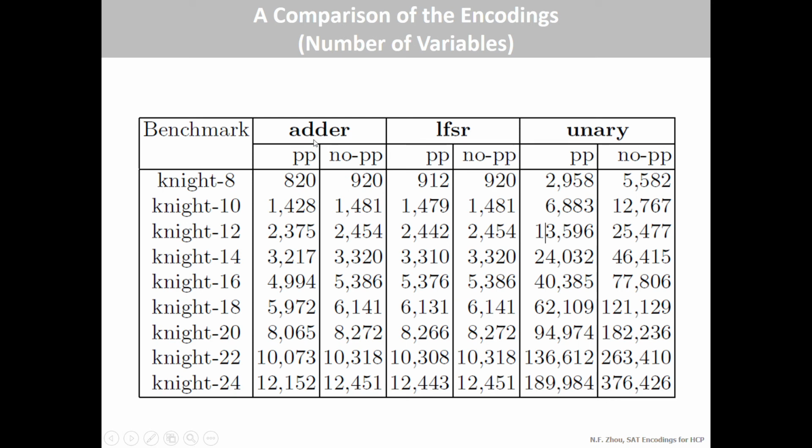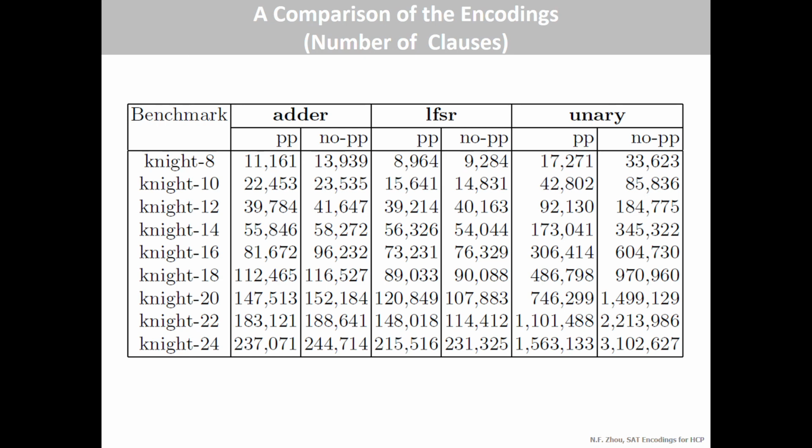This is because of logic optimization. The position variables are minimal thanks to logical optimization with pre-processing. The unary encoding uses many more variables. And this table shows the number of clauses in the generated code. Again, the LFSR is the most compact encoding, followed by the binary add encoding, and then the unary encoding.